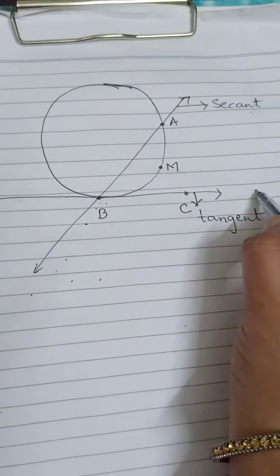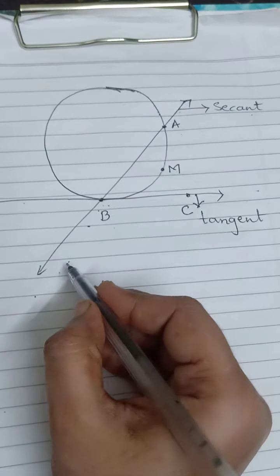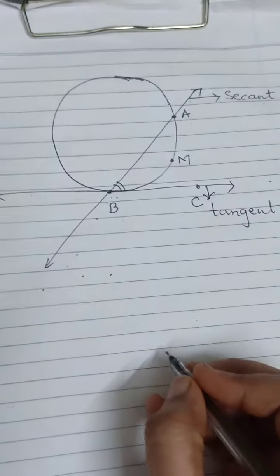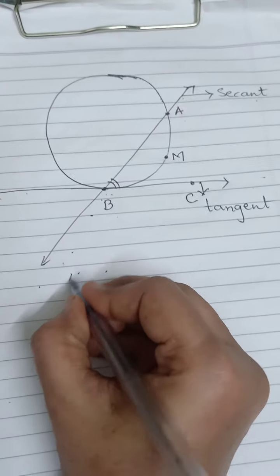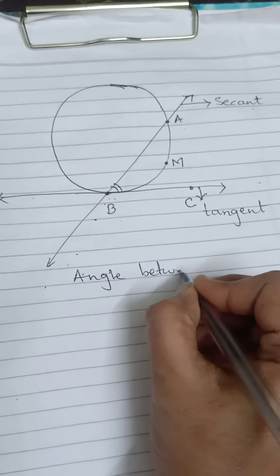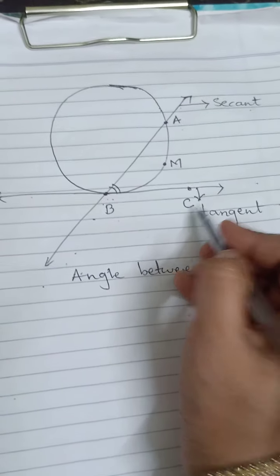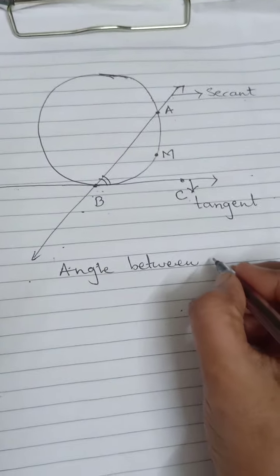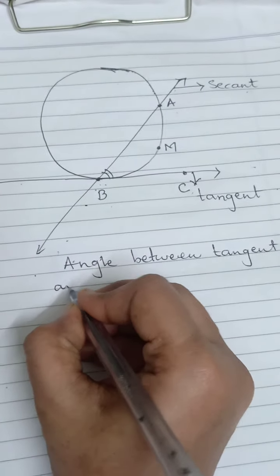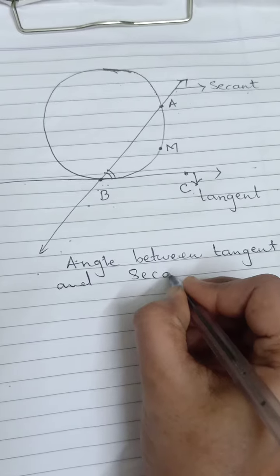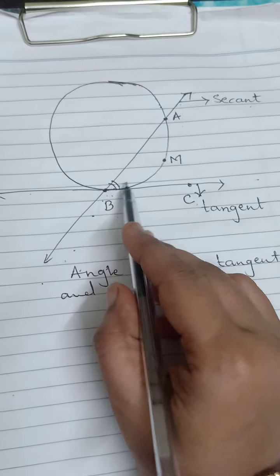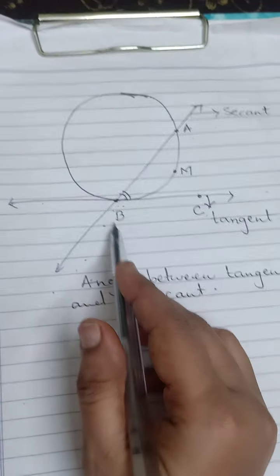That means the angle between the tangent and secant is nothing but this angle ABC. So this is the angle between the tangent and secant.